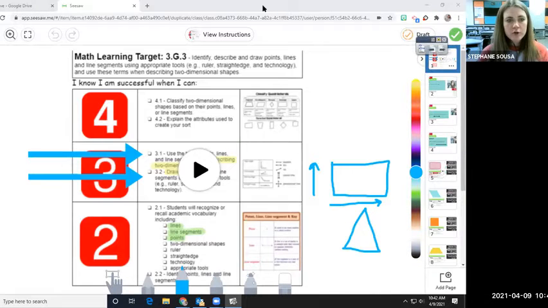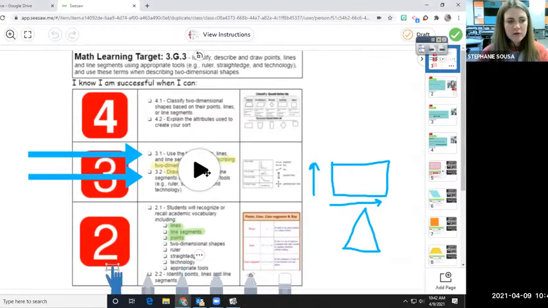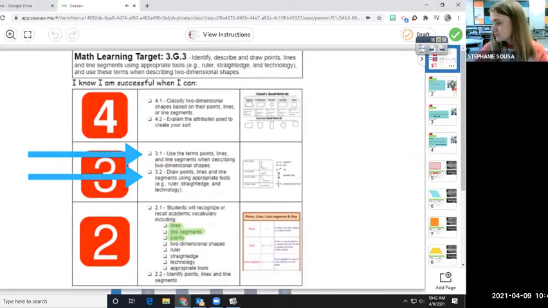Our goal for today is as follows. In today's math lesson, we will continue building our knowledge of lines, line segments, and points. Today, we will draw these figures, and we will use these vocabulary terms to describe two-dimensional shapes.